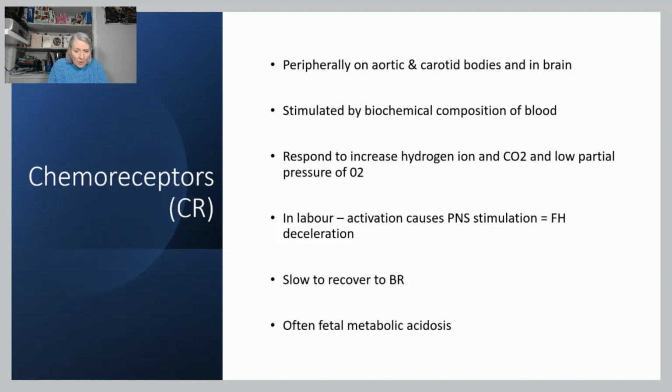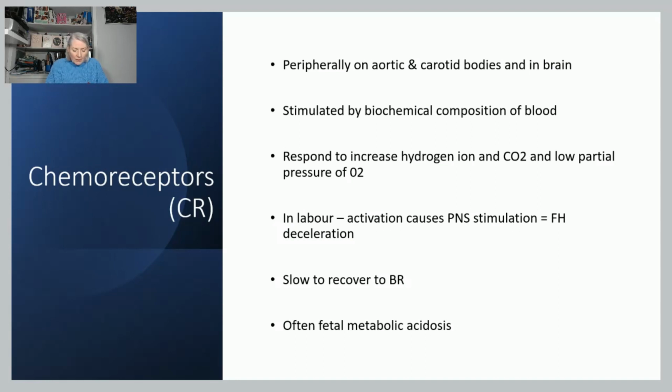They are slower to recover to the baseline rate, and this is because we need the oxygenated blood to reach the maternal venous sinuses to get rid of those things that are actually stimulating the parasympathetic nervous system.